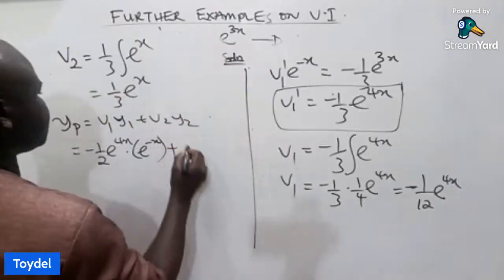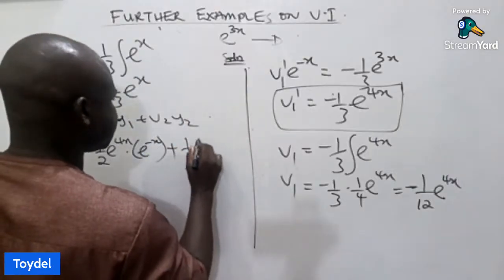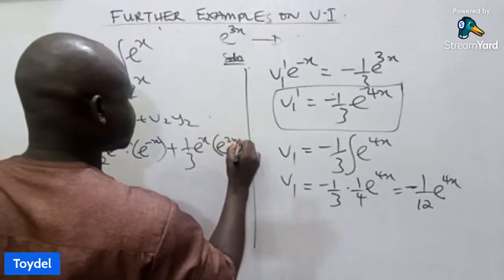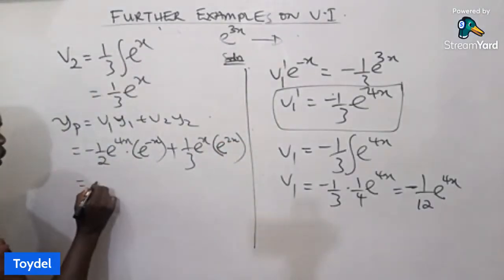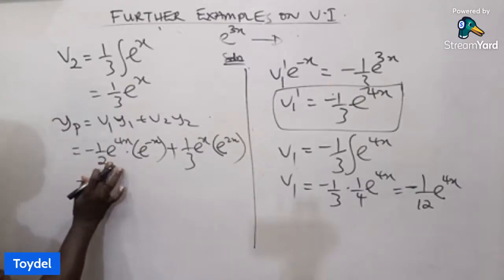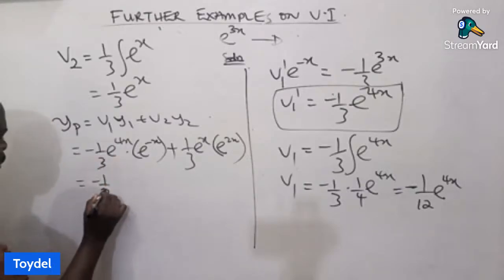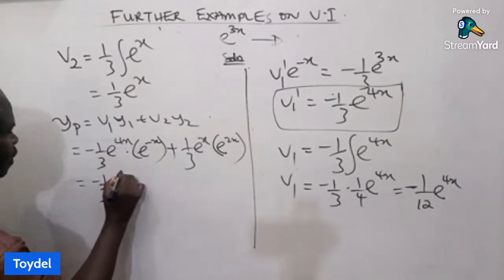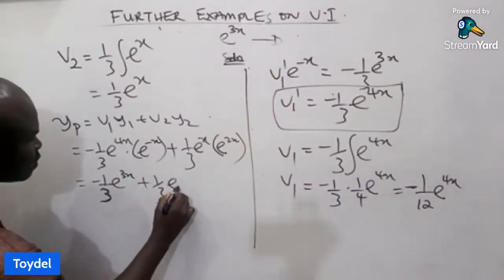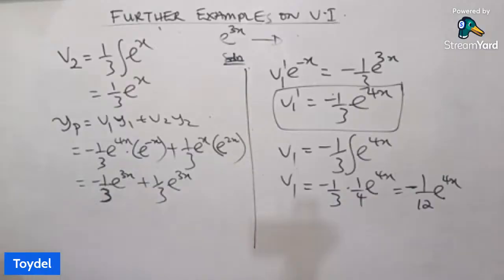Plus V2, which is given as 1 over 3 exponential x, multiplied by y2, e to the 2x. So let's open up here. This will be minus 1 over 12 exponential 3x plus 1 over 3 exponential 3x. That's what we are going to get.